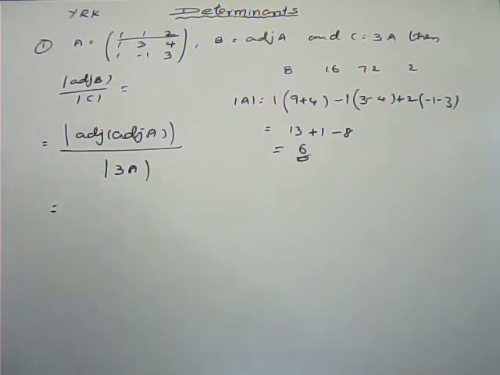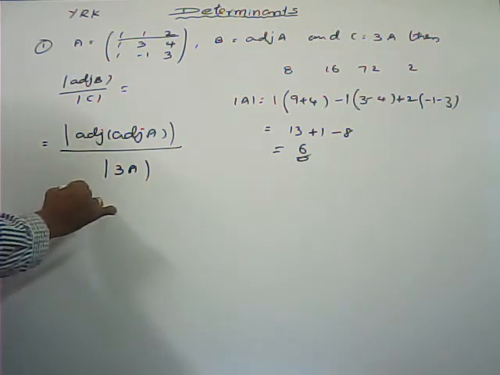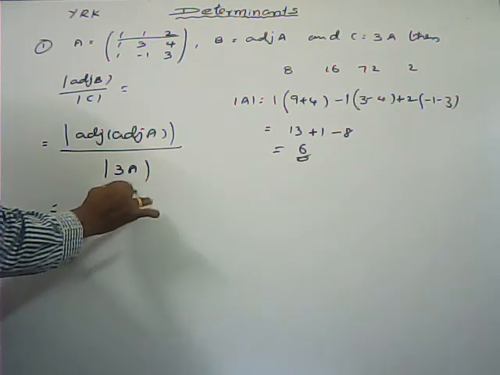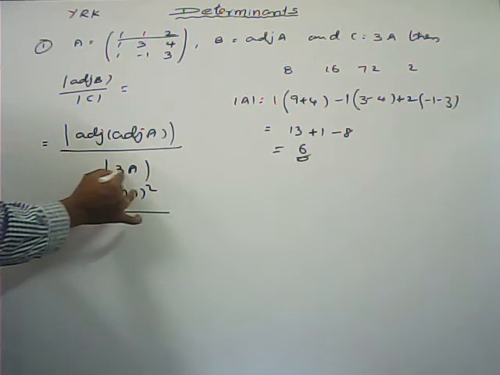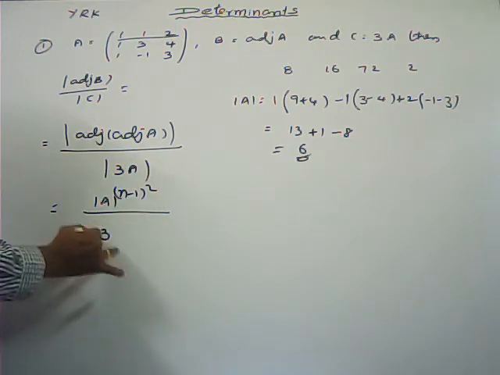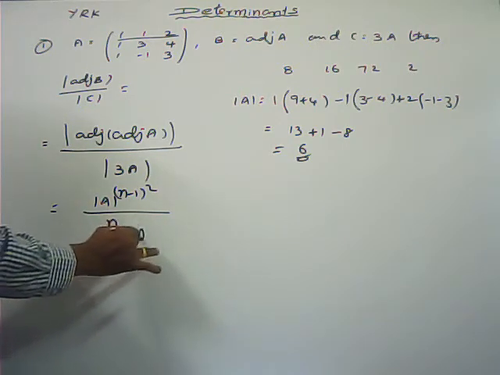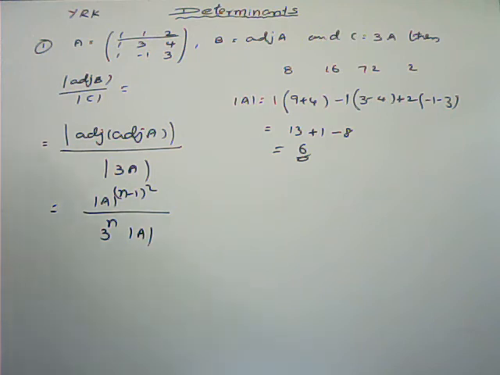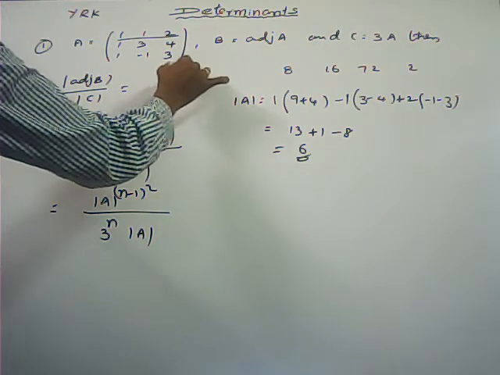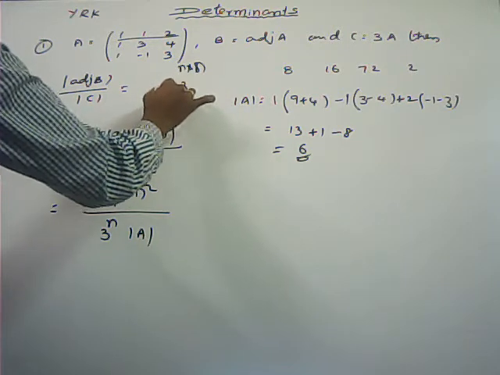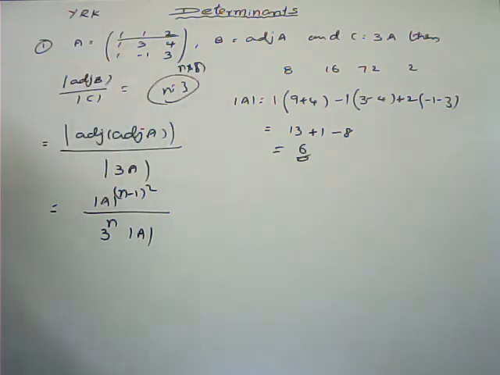Determinant of adjoint A is det A whole power n minus 1, whole square upon det of K into A, k power n into det A. Here what is n? N is the order of the square matrix. n by n, that is n is equal to 3. A 3 by 3 square matrix, in general we say that is a square matrix of order 3.